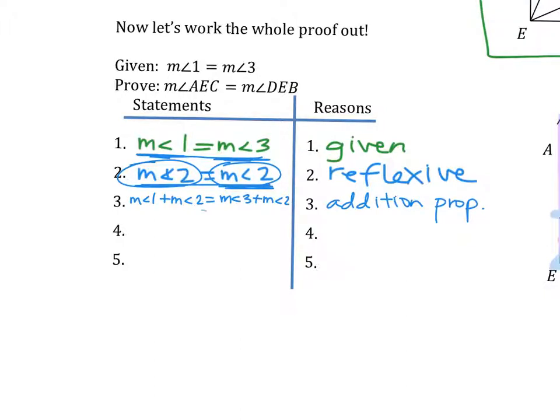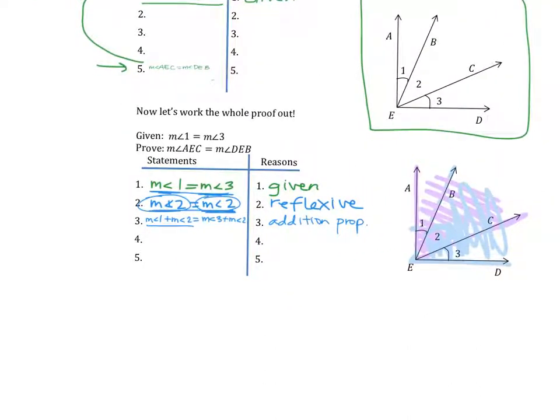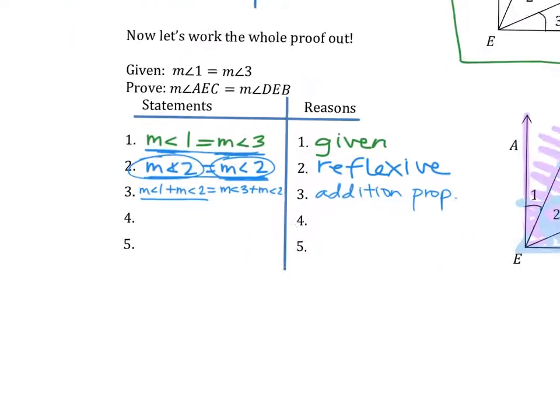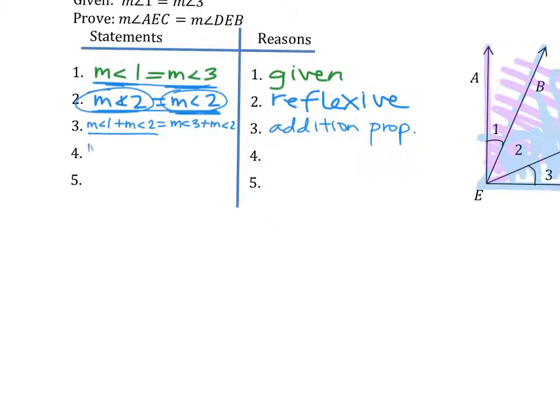Can you tell me the measure of angle 1 plus the measure of angle 2 in a different way? What is that angle, angle 1 plus angle 2? Is there another way you could name it for me? Angle AEC. Okay, so step 4 actually has 2 parts, but it's the same reason, so we put it as the same step. I'm going to say the measure of angle 1 plus the measure of angle 2 is the measure of angle AEC.